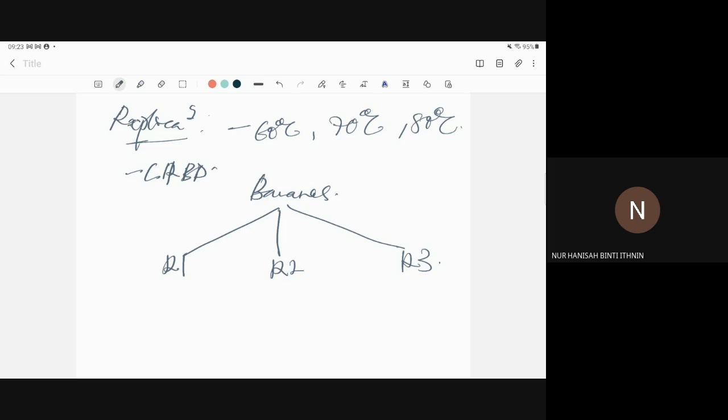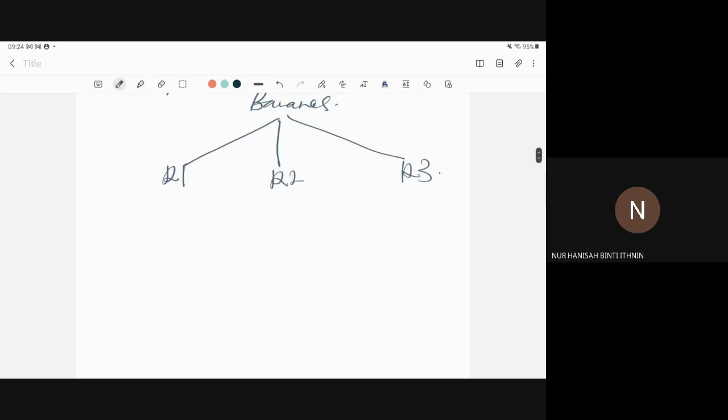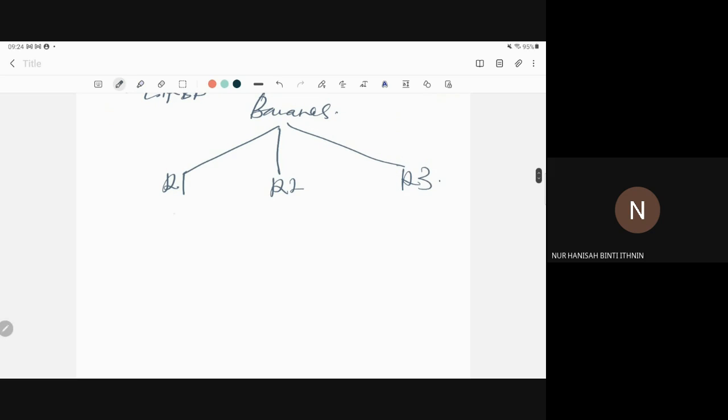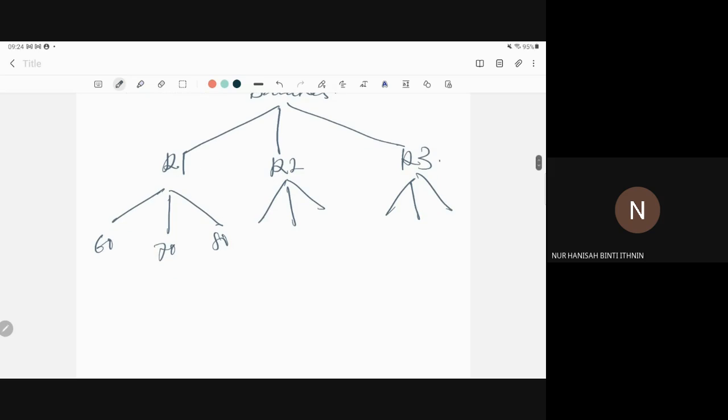And remember, for a one factor experiment, the treatments are the levels. So the treatments are 60, 70, and 80. For the first one, rep 1, we will subject it to 60, 70, and 80, similar to the second and the third. The question is, how many samples do we need to do?